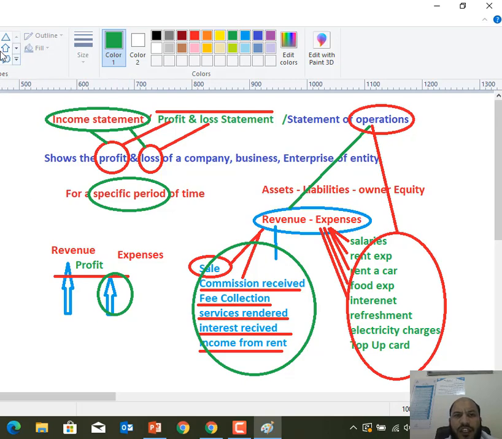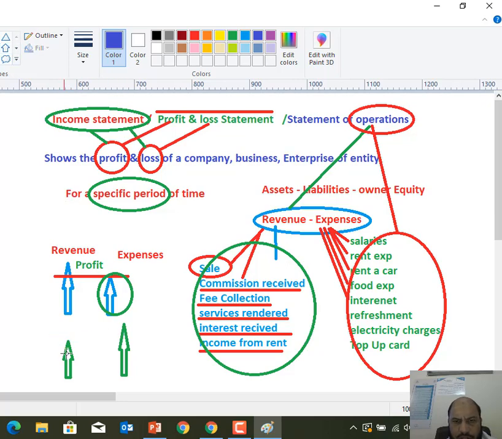But if, for example, our expenses are higher, if we have this much expenses and this much revenue, see the difference between these two lines.